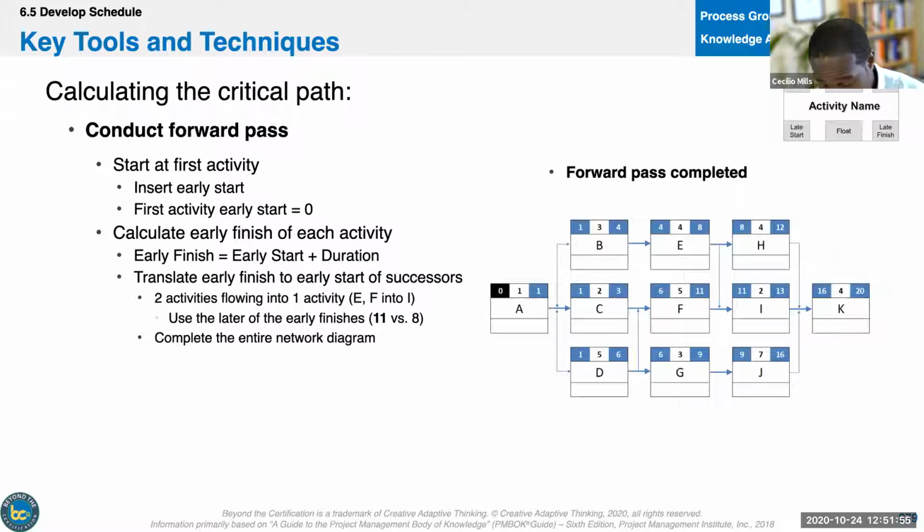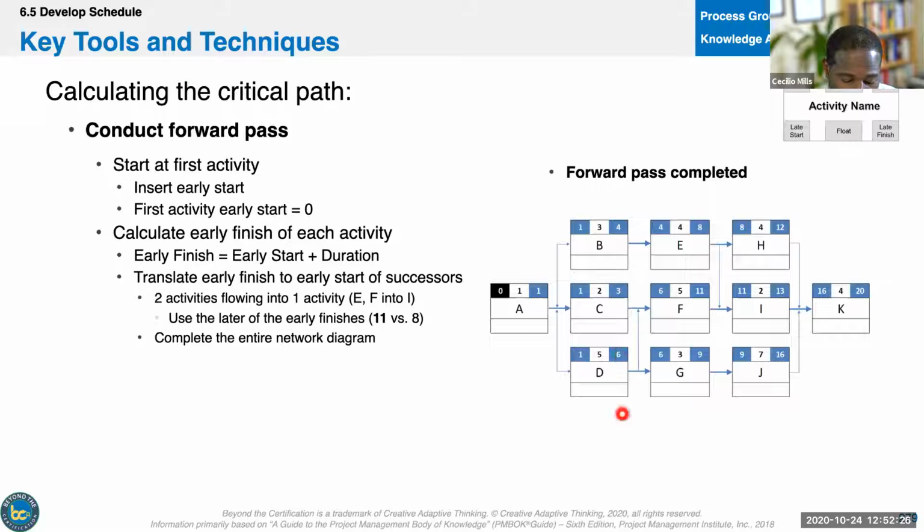Activity A is a predecessor to B, C, and D. B, C, and D are successor activities to A. So in order for me to determine on which day they will start, for the forward pass, I'm just going to take whatever my duration is in the finish and add it there. So now these will start on day 1, and I'll say, okay, 3 plus 1 is 4, 2 plus 1 is 3, 5 plus 1 is 6.